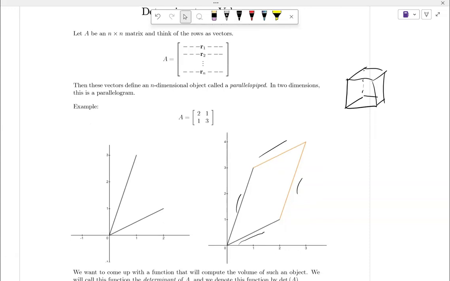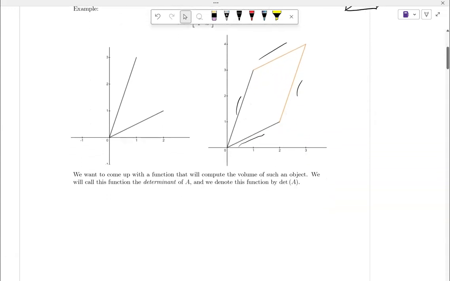All right. So the idea here is that we want to come up with a function that calculates the volume. Now, in 2 dimensions by volume, we mean area. But that's our goal here. We want to create a function that gives us volume, or at least a way to calculate volume.